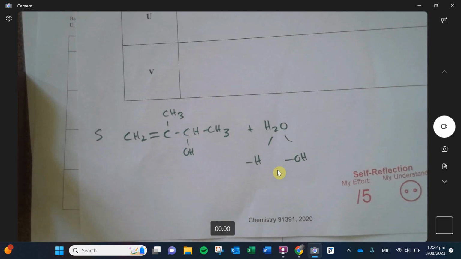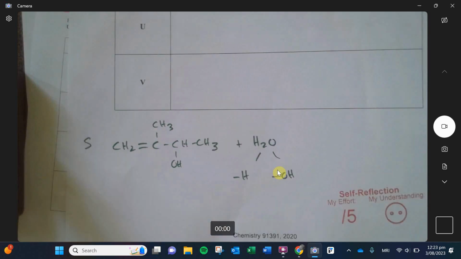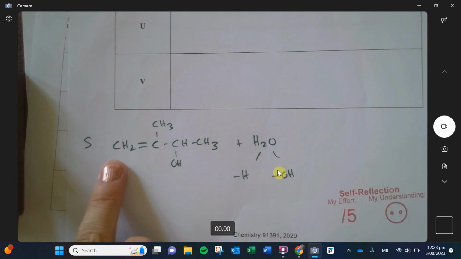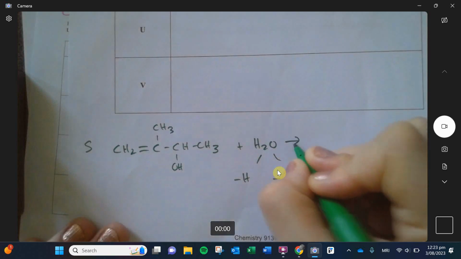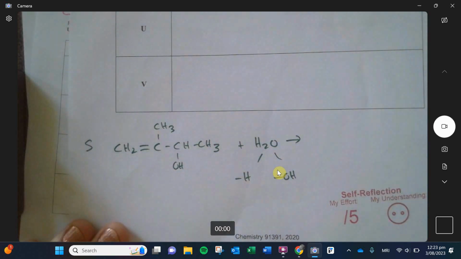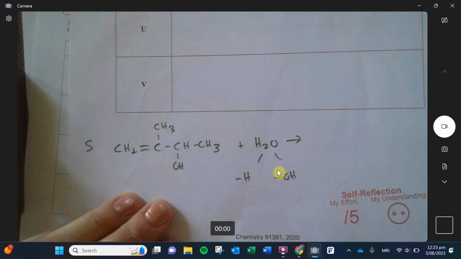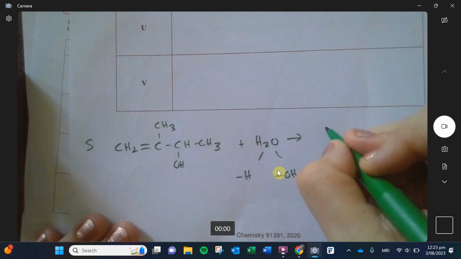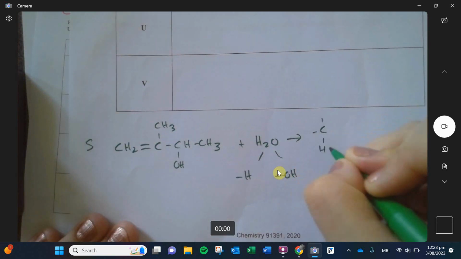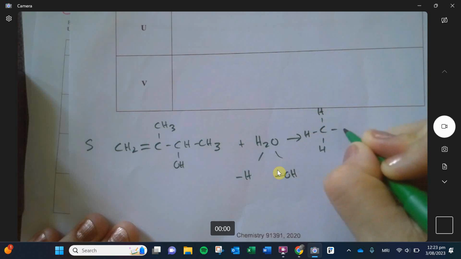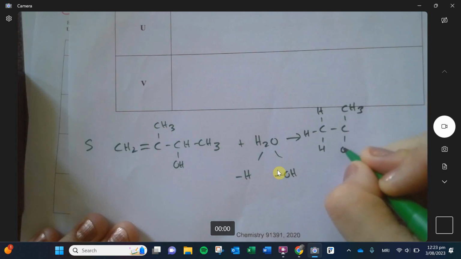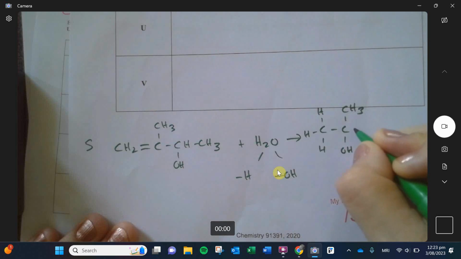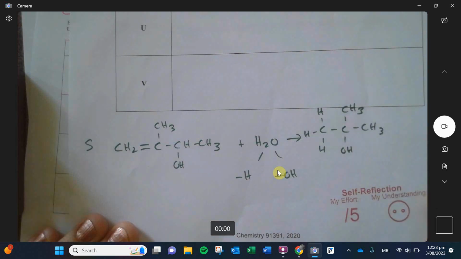Now, when I do that, the double bond breaks, and I have the opportunity to add the hydrogen onto carbon 1 or onto carbon 2. So there's two possible products when I do that. If I have it going to product 1, I would have the 3 hydrogens on carbon 1, and then the OH would go on carbon 2. So that's one potential product that I have.